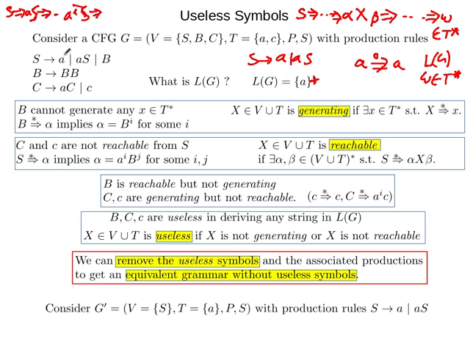That something else can be just a itself, so you can end with a to the I plus 1, or you can use this B, so you have a to the I and then a B.